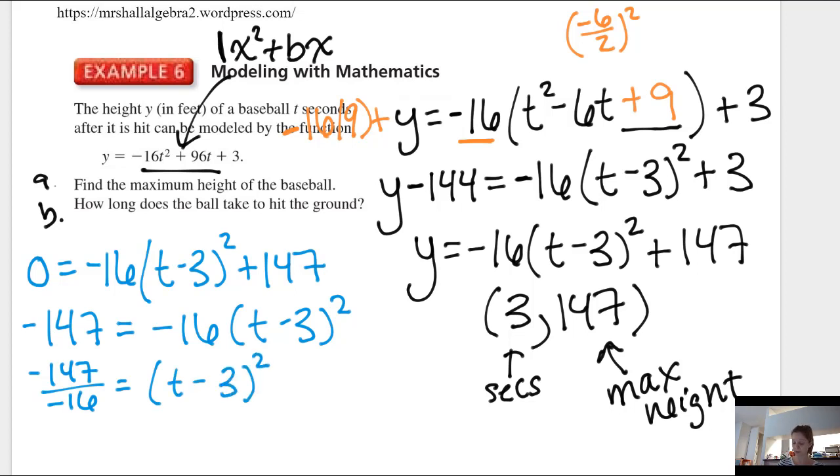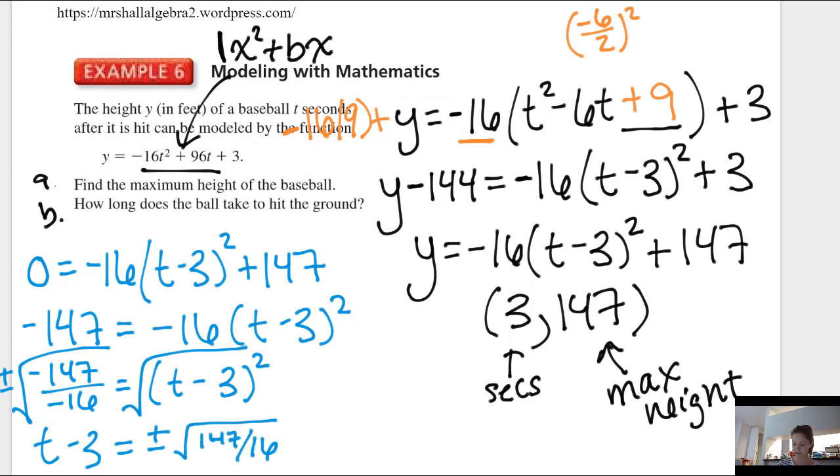Now we can take the square root of both sides. When we are adding the square root symbol, we put plus or minus in the front. So t minus 3 equals plus or minus the square root of 147 over 16. So t is equal to 3 plus or minus the square root of 147 over 16.